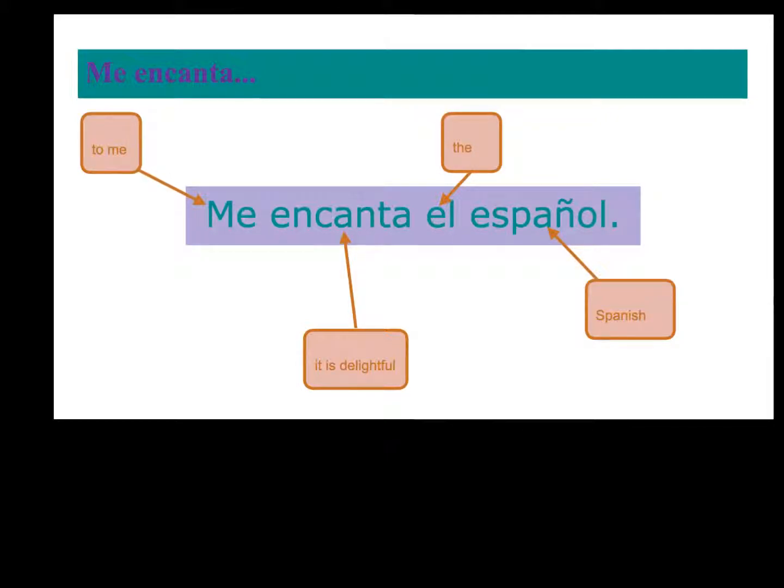This is a verb that works in exactly the same way as me gusta. So we can see here, when I want to say I love Spanish, I'm saying me encanta el español, because the verb encantar literally means to be delightful to. So we've got the Spanish, it is delightful to me. Me encanta el español.